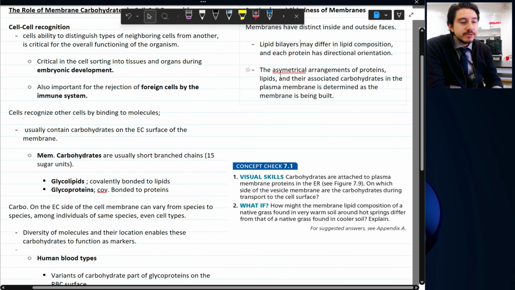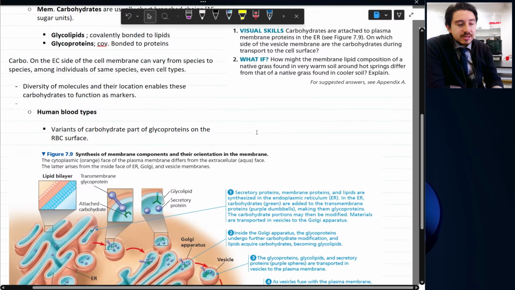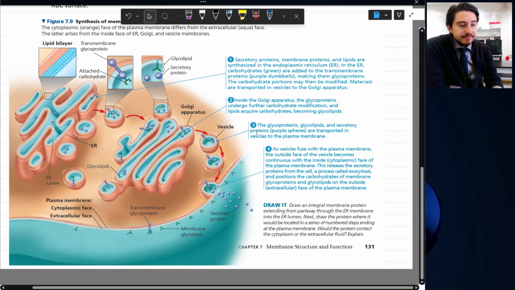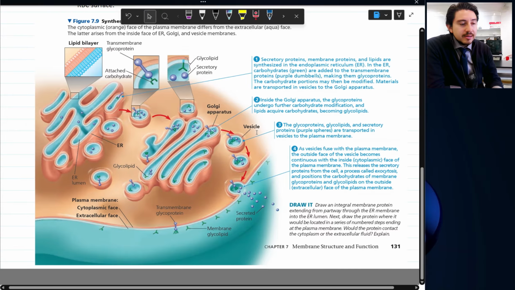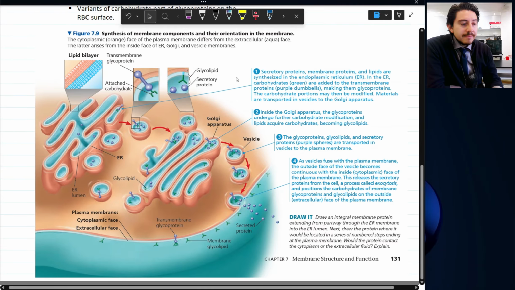Okay, so here's a nice schematic of the membrane components, right? You have secretory proteins and membrane proteins, all coming from the ER. And there's a nice schematic here where you have the inner layer of the lipid bilayer in blue and the outer portion in red for this particular structure.